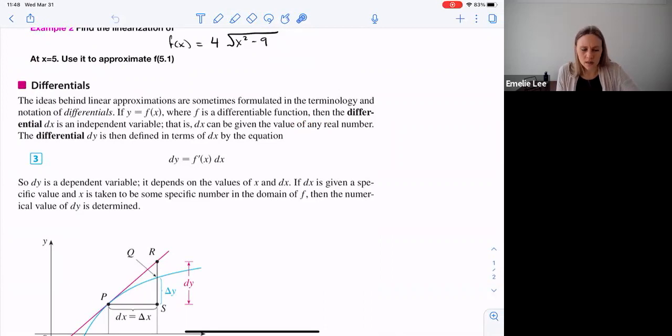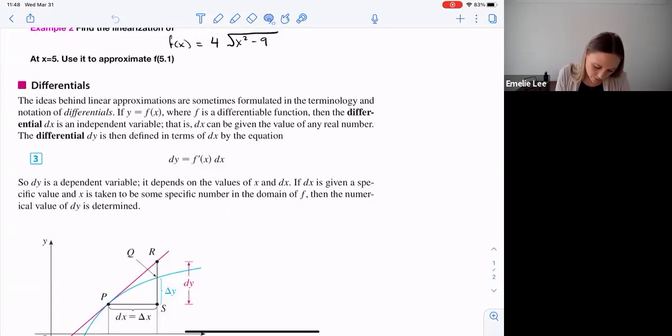The takeaway from this differential section, it gets a little bit weird, a little bit hokey, but I want you to ignore that. Don't worry about that. But there will be questions that ask, find the differential of this function.